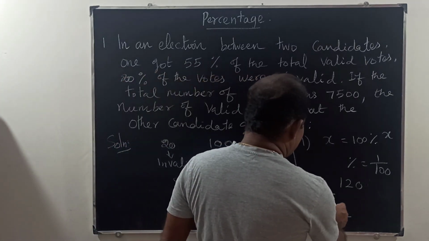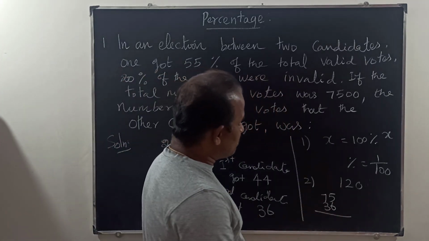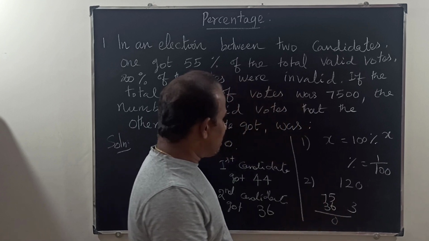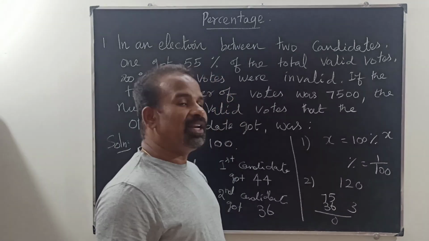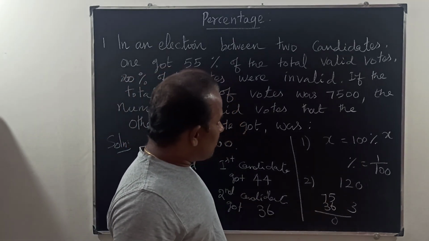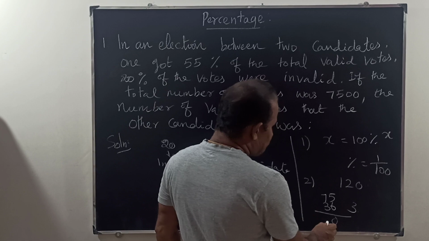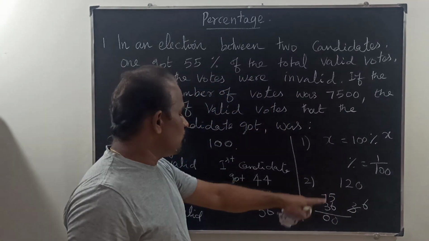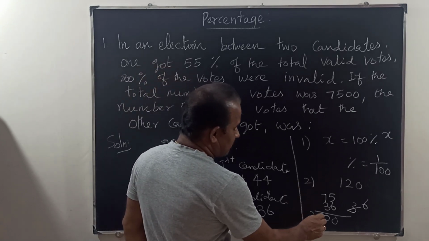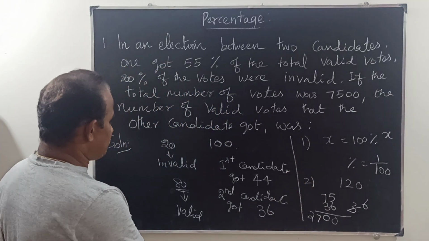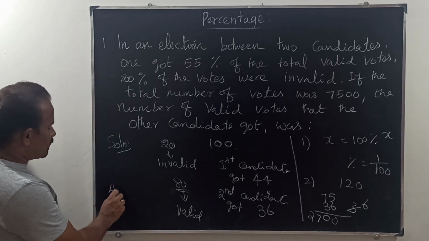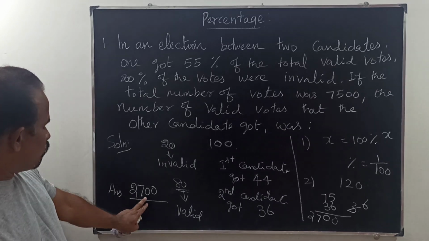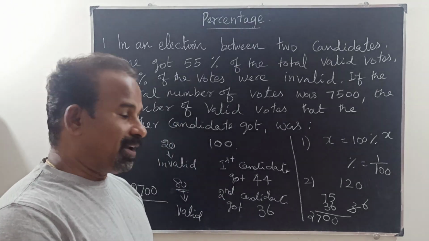It is simple multiplication, as I told you. 6 5s are 30, remaining 3. 6 7s are 42. 42 plus 3, 45. 45 plus 12, 57. Remaining 5. 3 7s are 21. 21 plus 5... So the answer is 2,700. The second candidate got 2,700 votes.